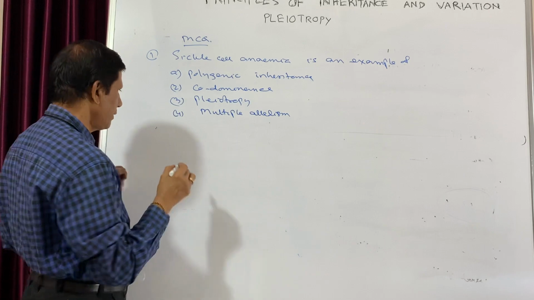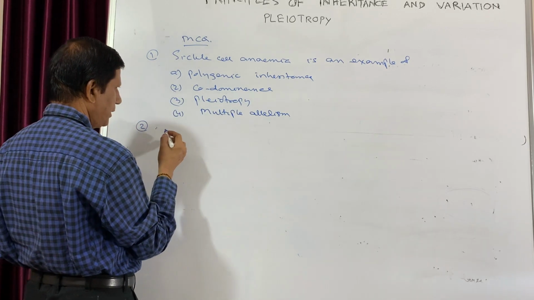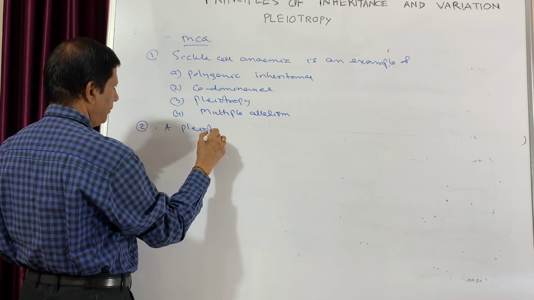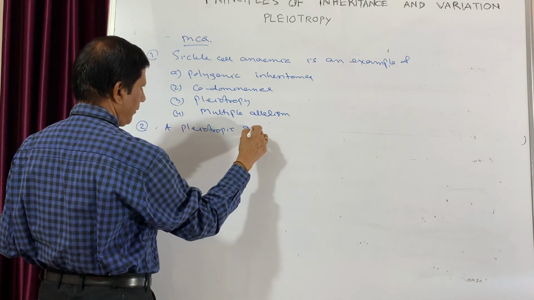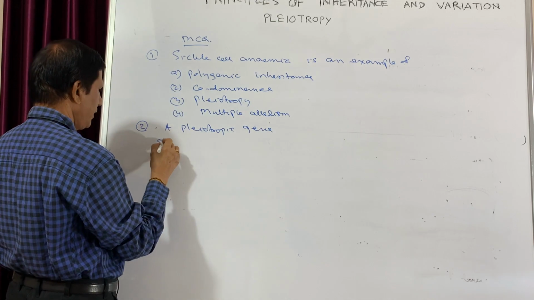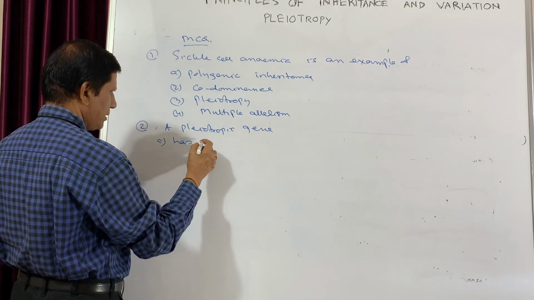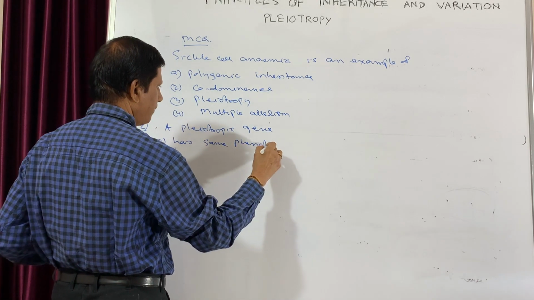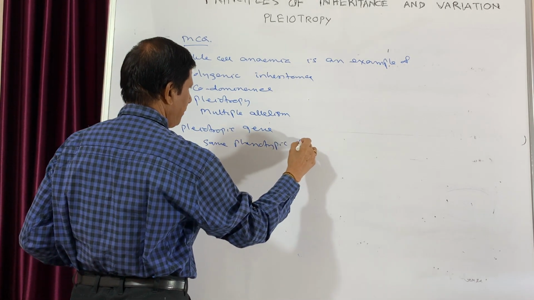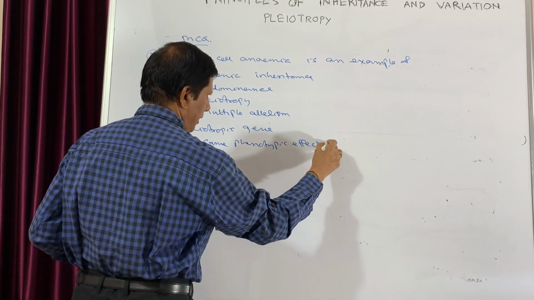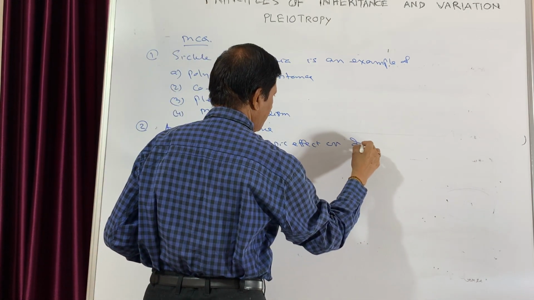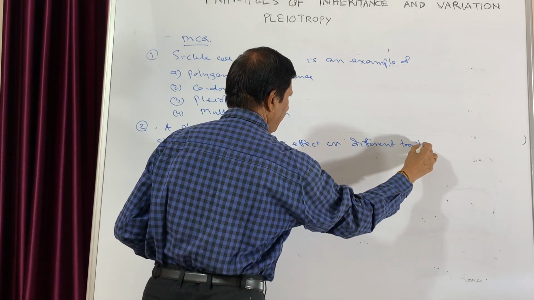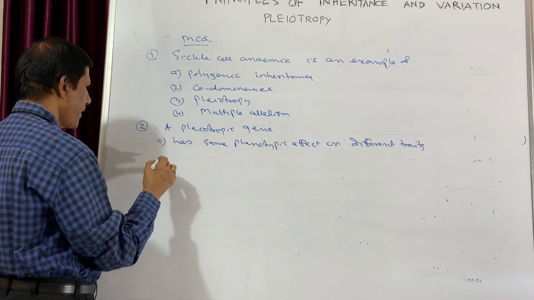Now let us discuss the second question. The second question is: a pleiotropic gene, first choice, has same phenotypic effect on different traits.